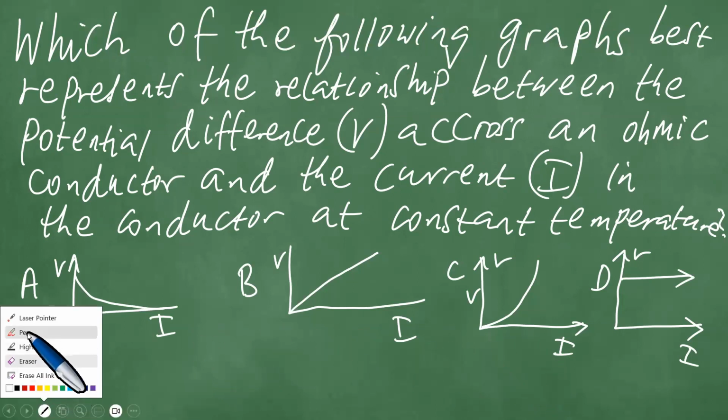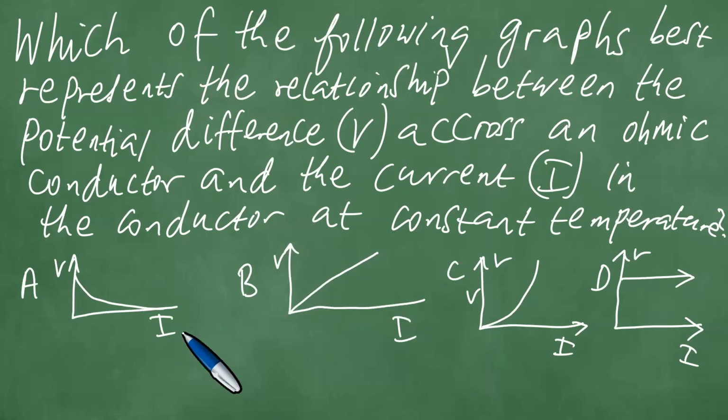Okay, let's look at this one. So which of the following graphs best represents the relationship between the potential difference across an ohmic conductor and the current?